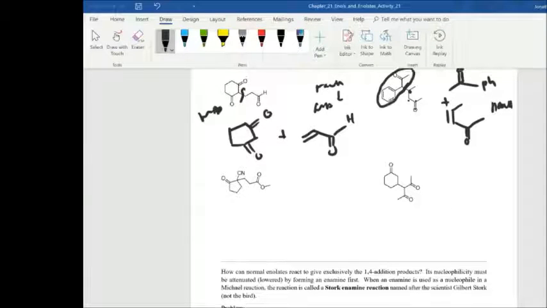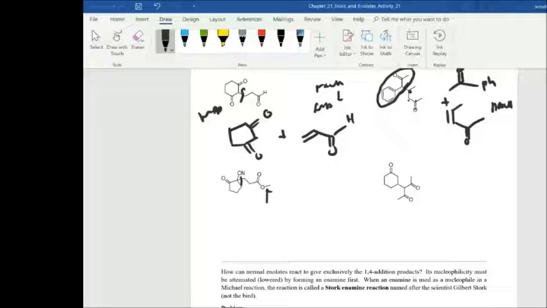Now for this one, since there's a methoxy group sticking out here, you're going to have to use NaOMe as your base. You can see this CN group is clearly the electron withdrawing group here. So you have to pick which one is going to be your Michael acceptor and which one is your Michael donor. You cut this bond right there between the carbon and the 1,4.